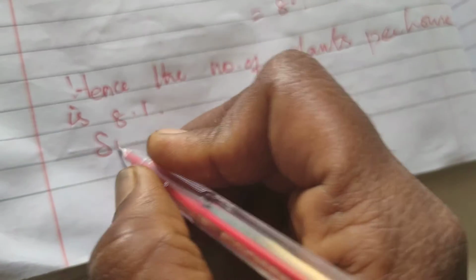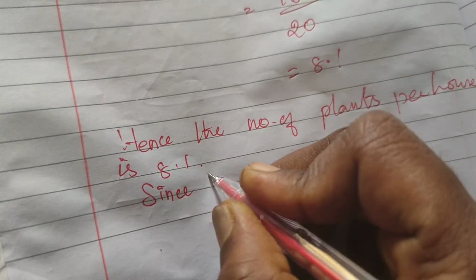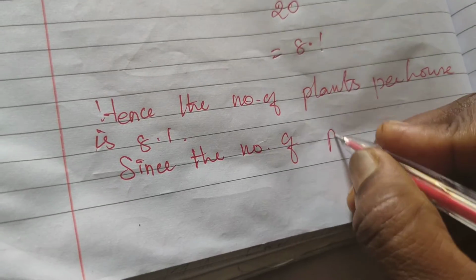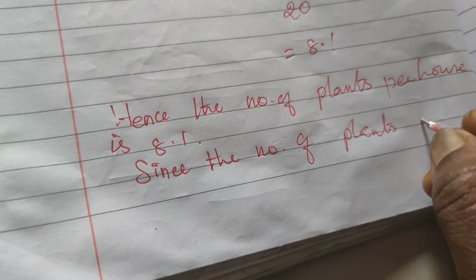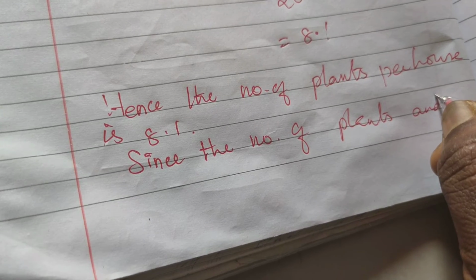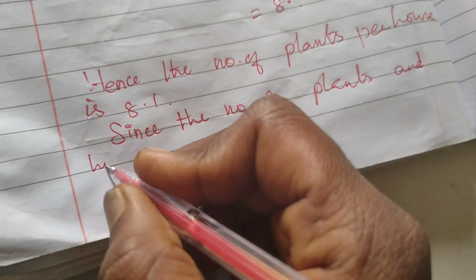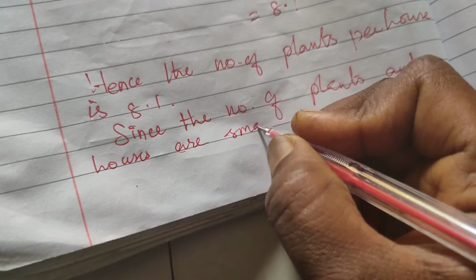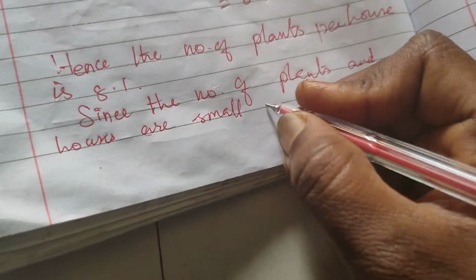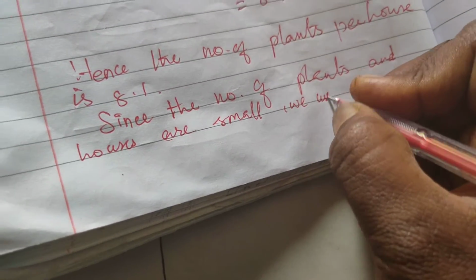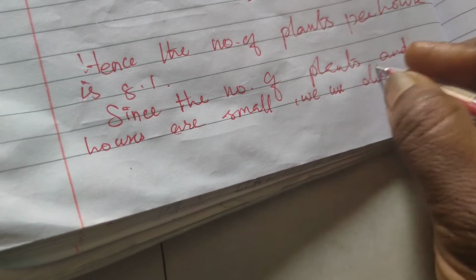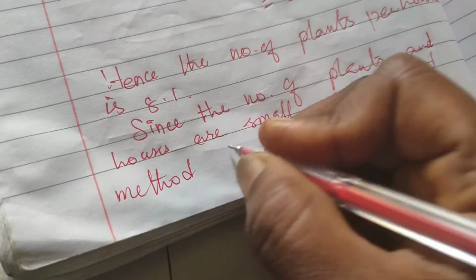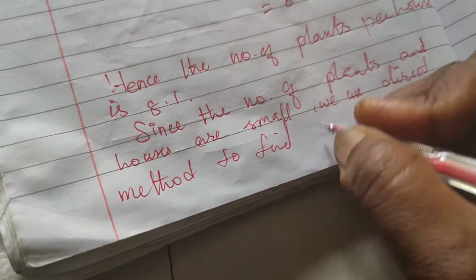Since the numbers of plants and houses are small, we use the direct method to find the mean.